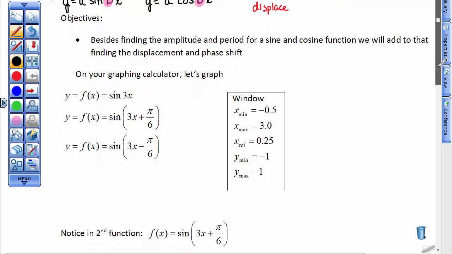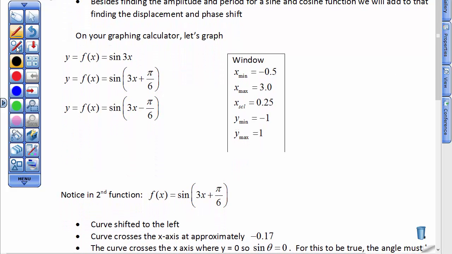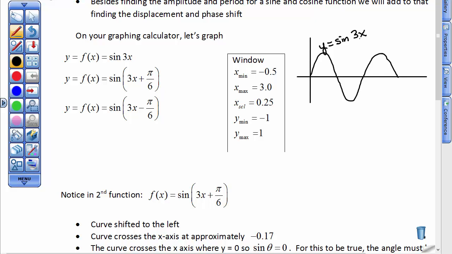I don't have my graphing calculator open with these two equations, but the sine of 3x has a maximum value of 3, and 2 pi divided by 3 is about 2. So I'm thinking you get about that much of y equals the sine of 3x on your graphing calculator.